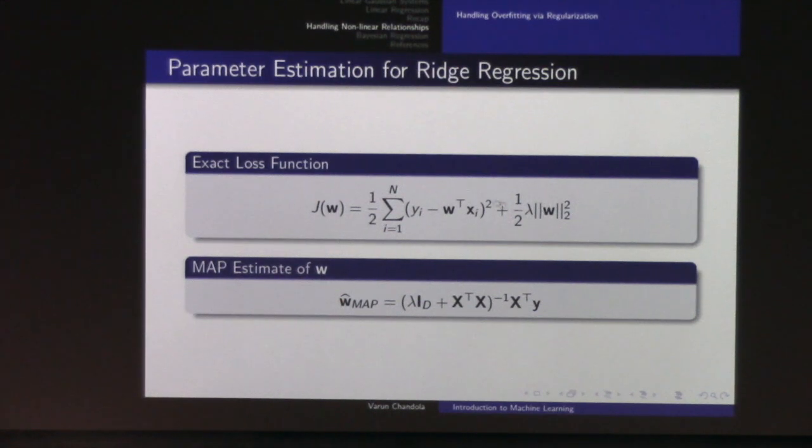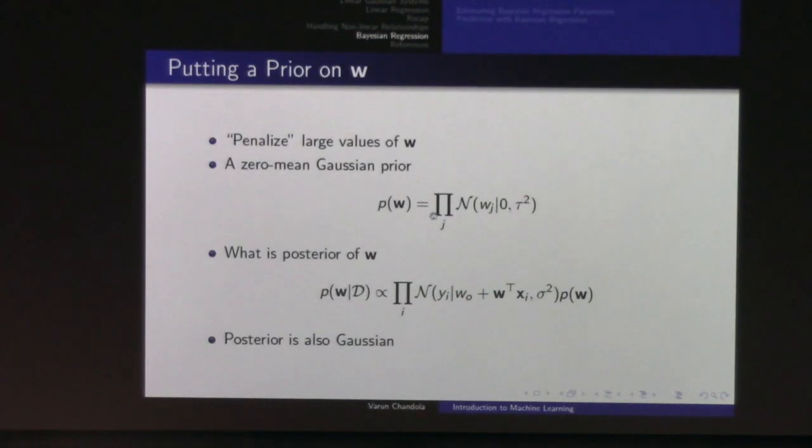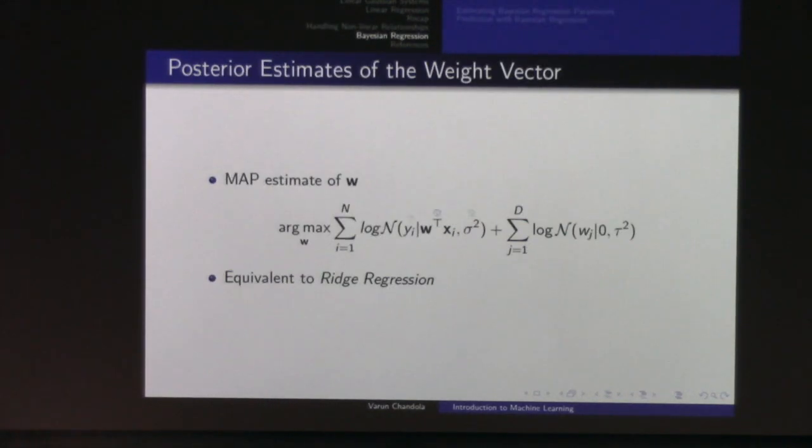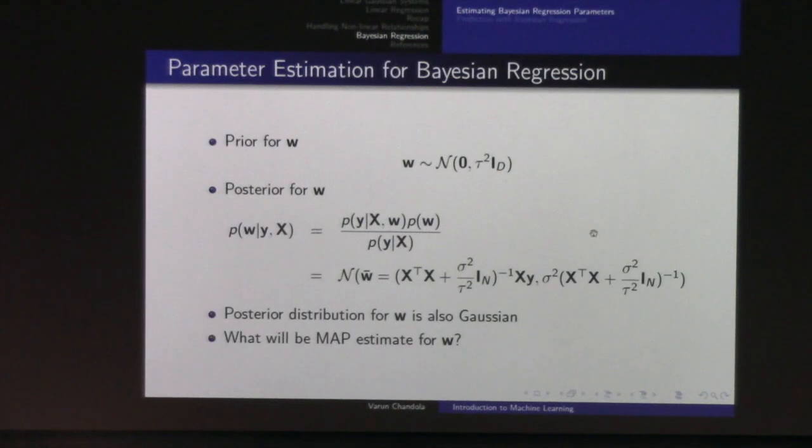Here we are trying to minimize our error and put a penalty on W. In Bayesian regression, it has a very similar form, because eventually you have forms like this in the Gaussian equation as well. And then this comes here. So it has a very similar form.